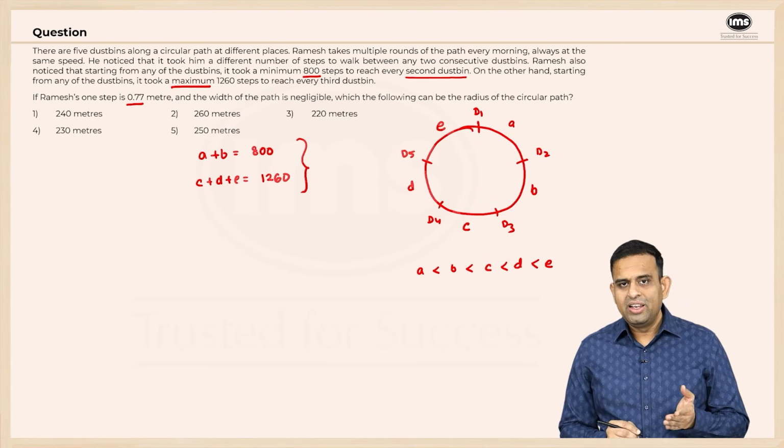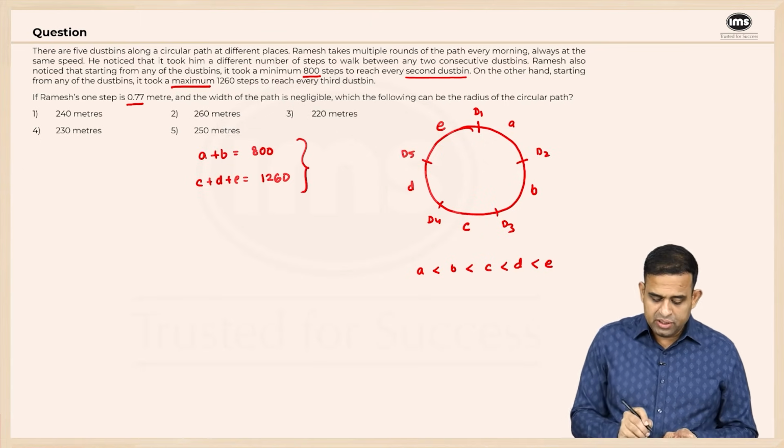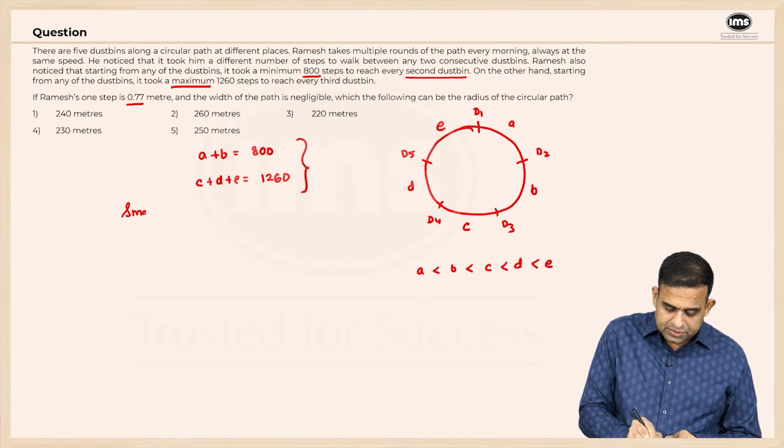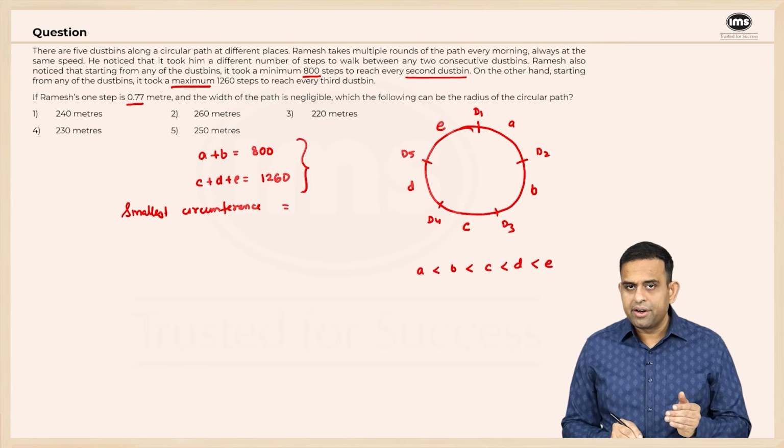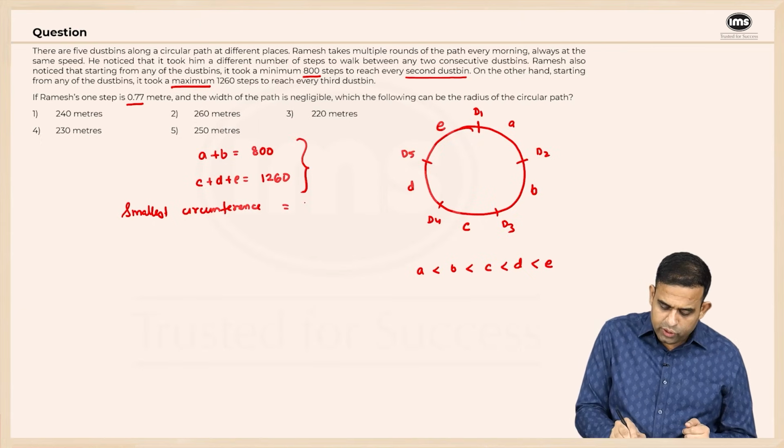So if I now look at the best possible step count, the smallest circumference of the circle will be nothing but 800 plus 1260, giving you 2060 steps minimum.